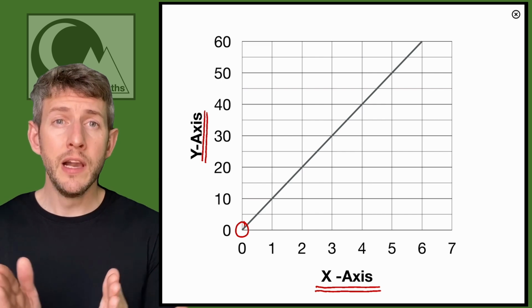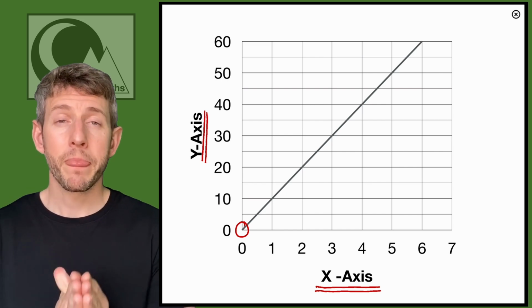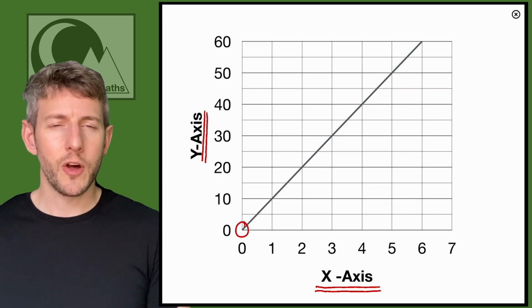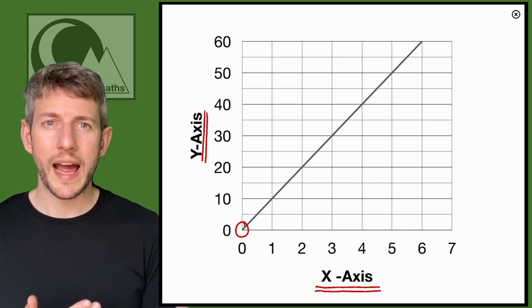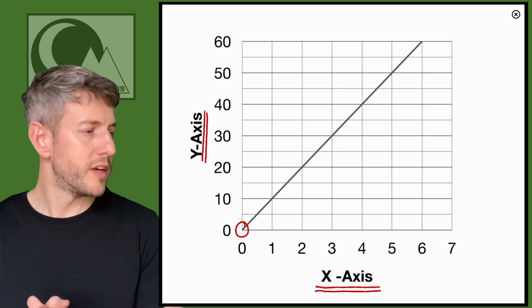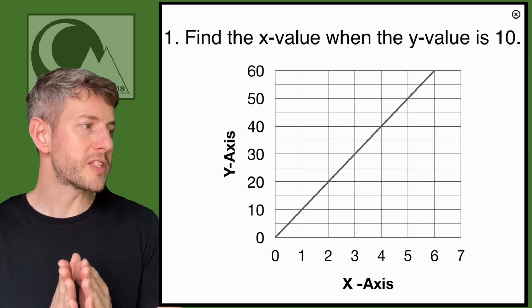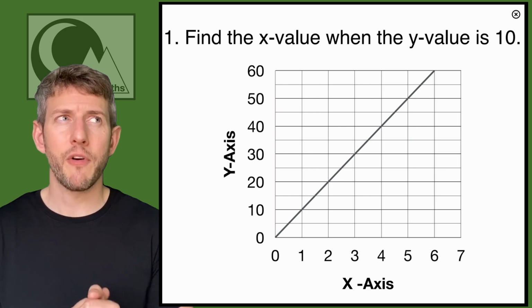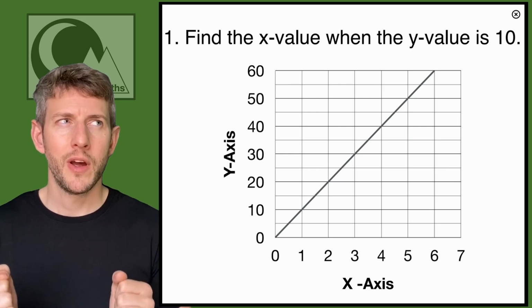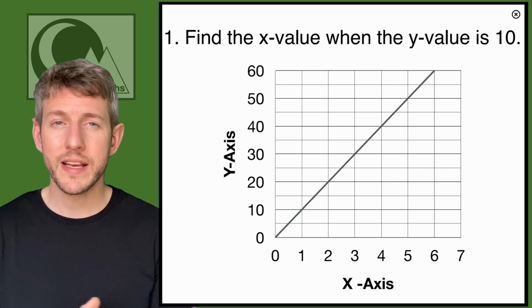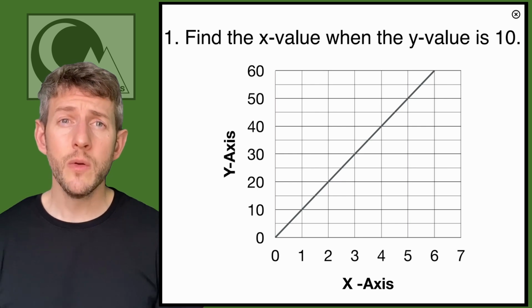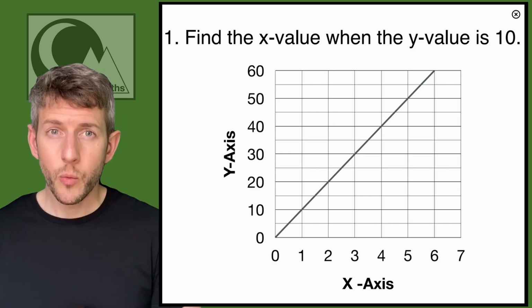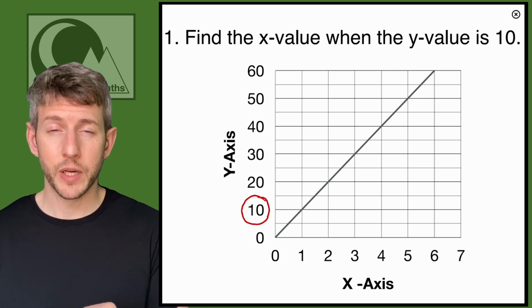Now, the diagonal line that you see is a line that connects the values on the x-axis with the values on the y-axis. So let's look at this question here. The first question that we've got today says, find the value of x when y is equal to 10. So what we do here is we look on the y-axis for when y is 10, okay?